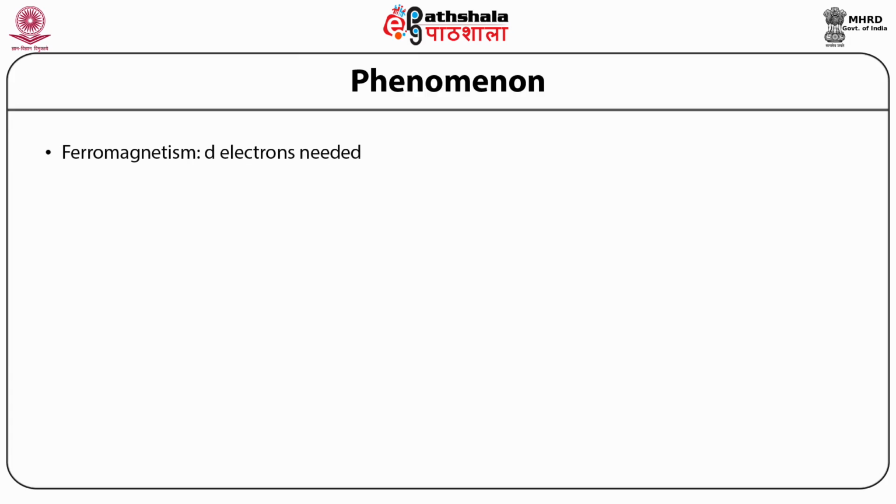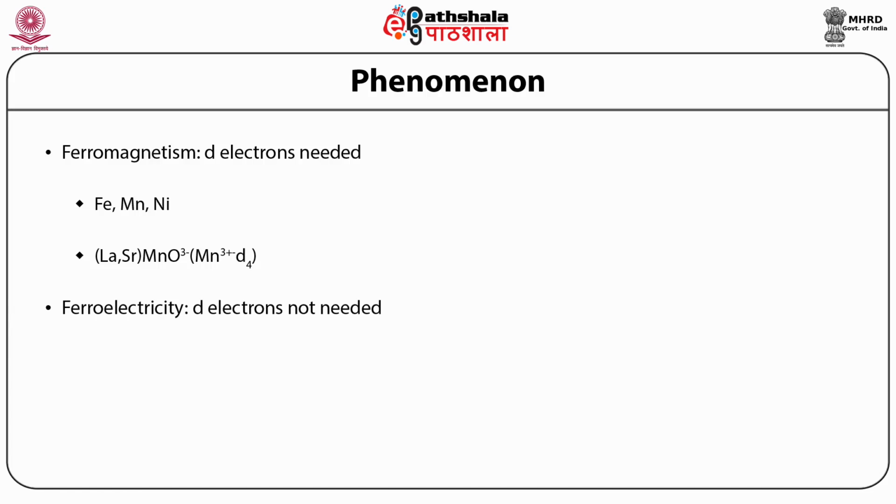For a ferromagnetic material, d electrons are needed, as in iron, manganese and nickel, and La strontium MnO3 also exhibits ferromagnetism. For a ferroelectric material, d electrons are not needed; barium titanate is the best example. Then the question arises, how can a material exhibit both effects?